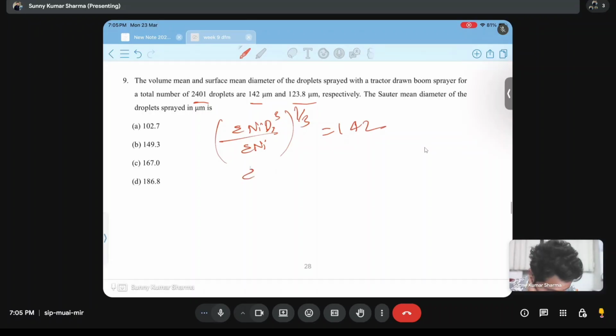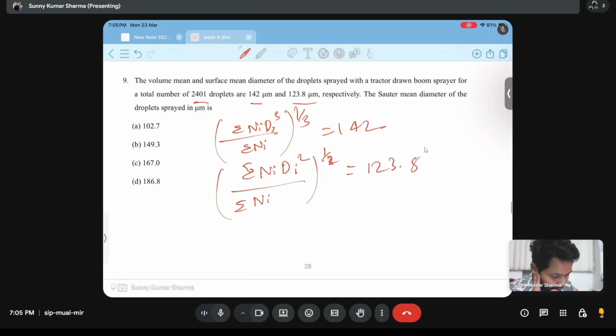Surface mean is sigma Ni Di square by sigma Ni, to the power 1 by 2, given as 123.8.